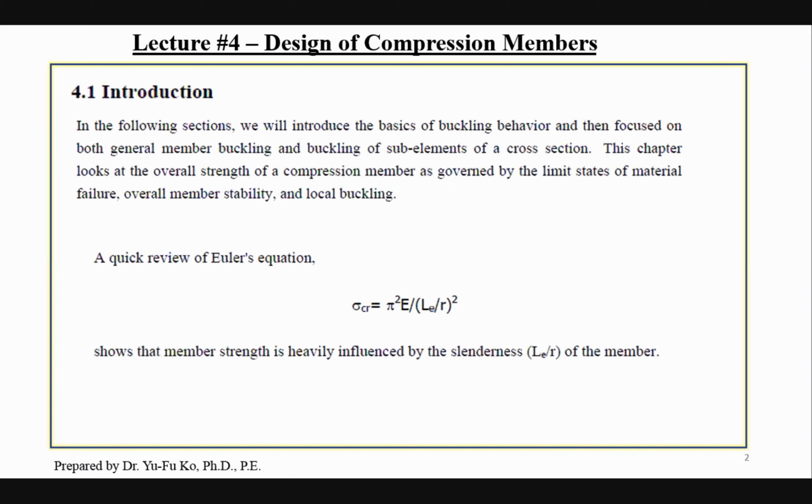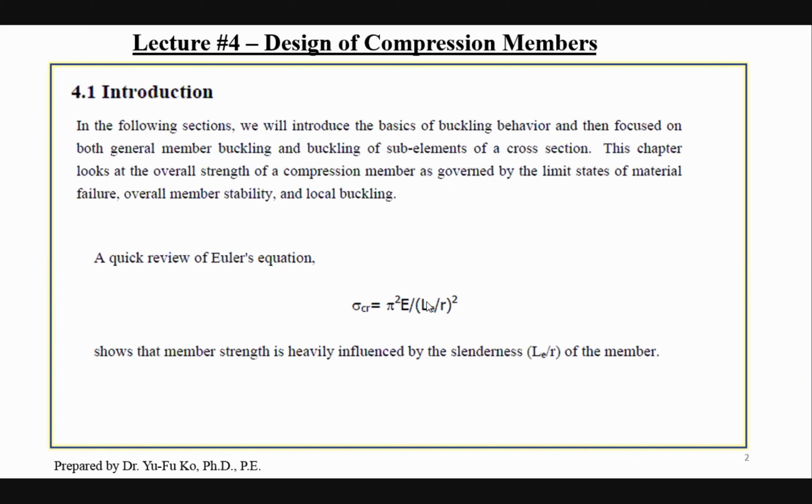So as you can tell, the buckling strength is dependent on the slenderness of the member, because pi squared is a fixed number. Young's modulus is also a fixed number. Once you pick the material, then the number is fixed. So the buckling stress, as you can tell, is a function of slenderness of the member.